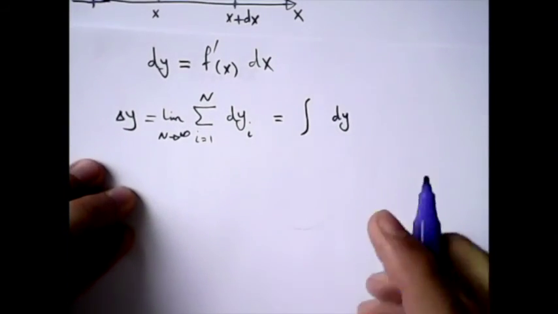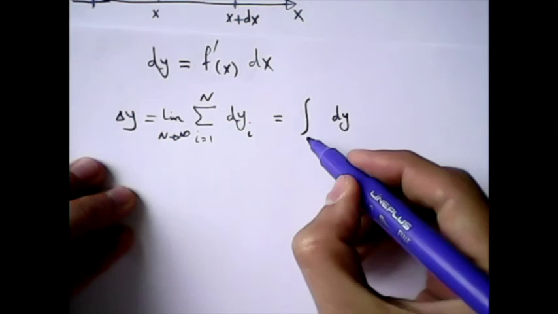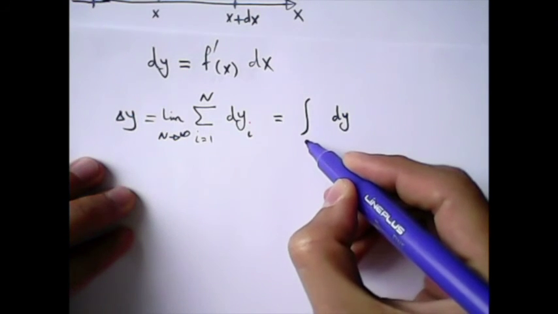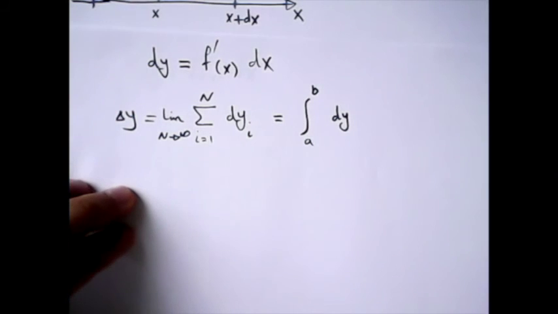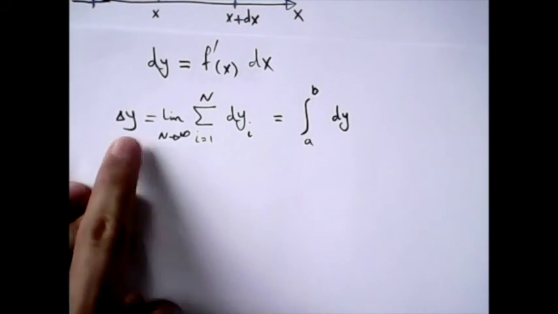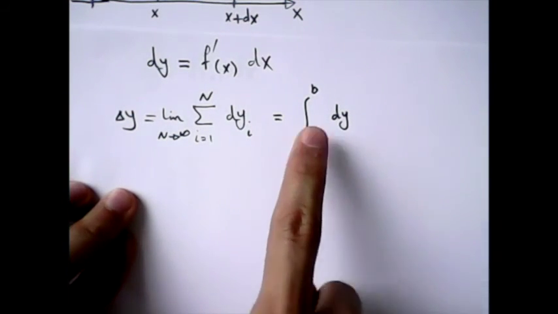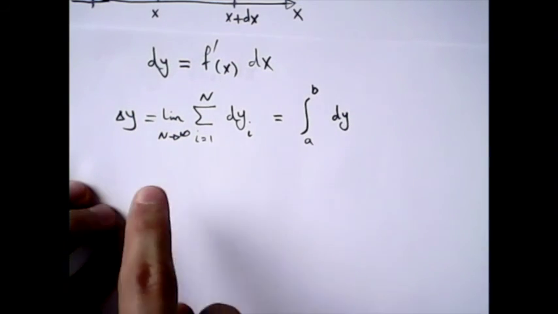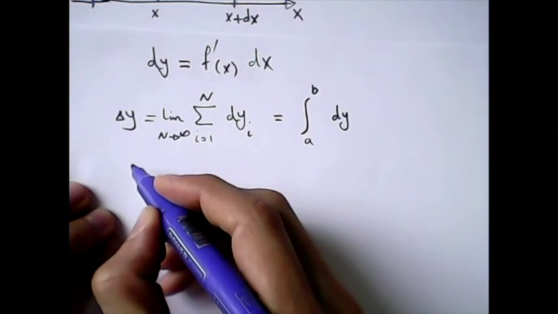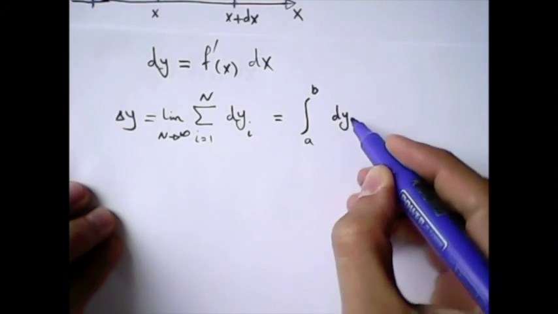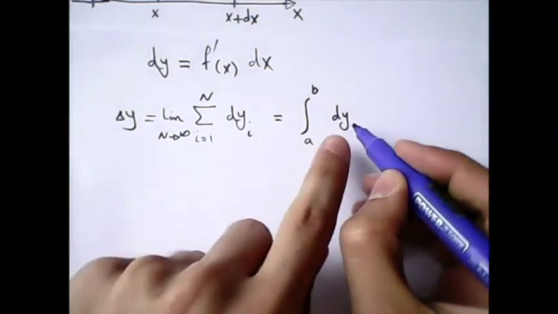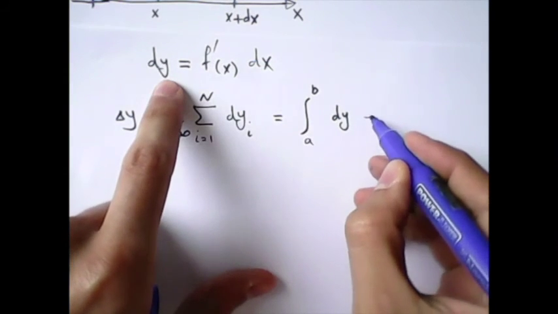So you could name the range of this integral as starting from a and going all the way to b. So we have delta y equals integral from a to b of dy. By the way, before I do that, let me fill in dy by this function that we found here.